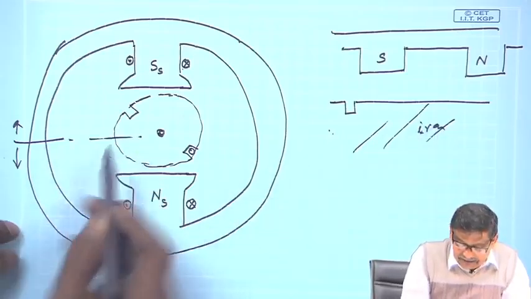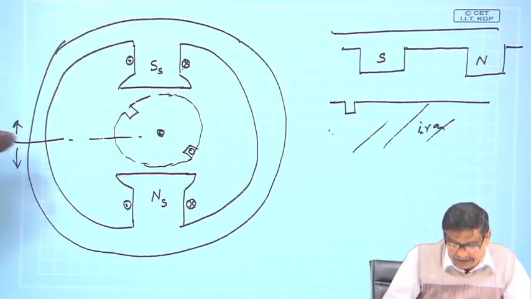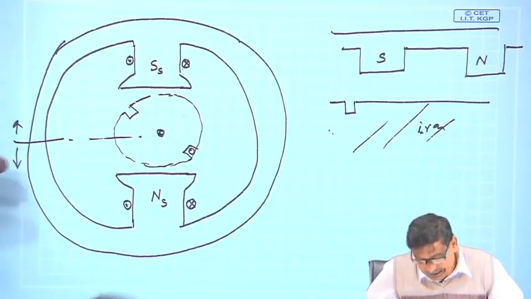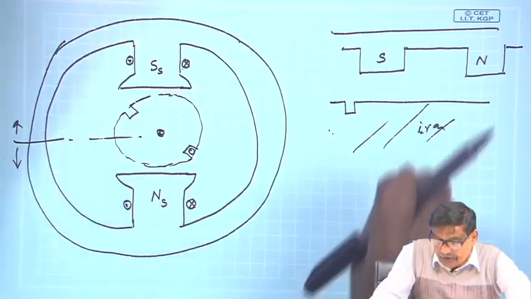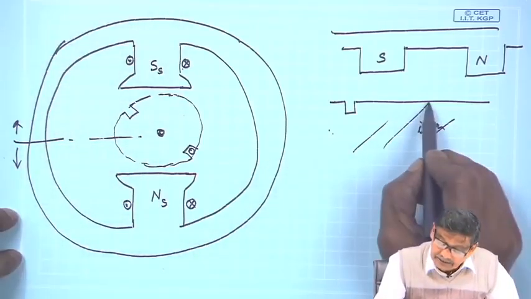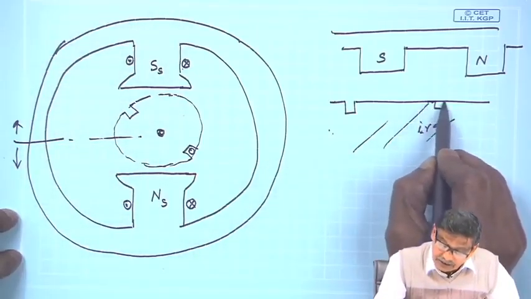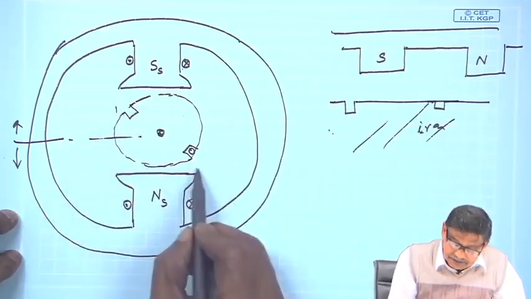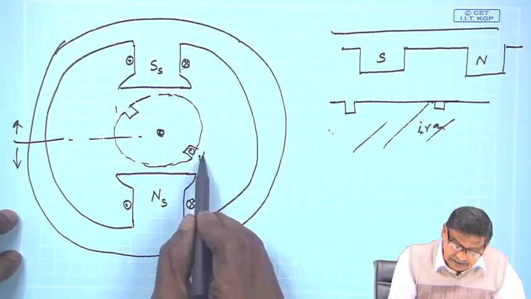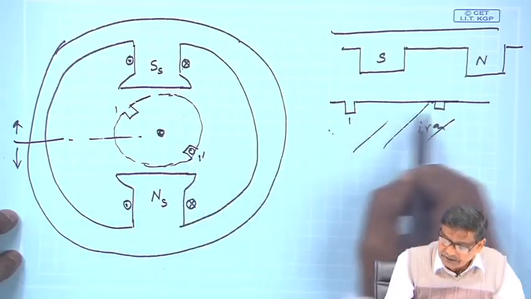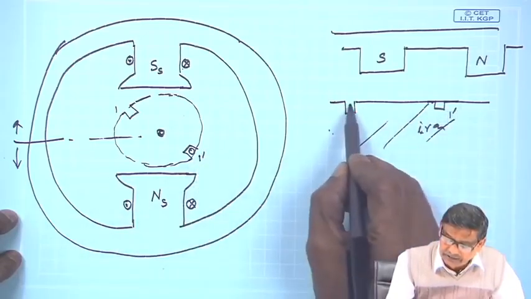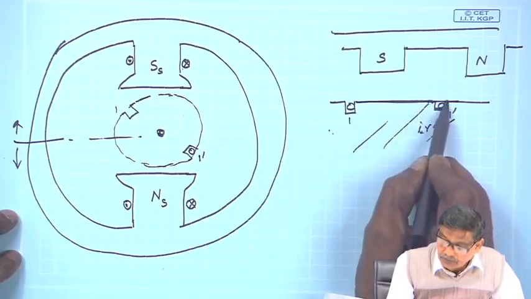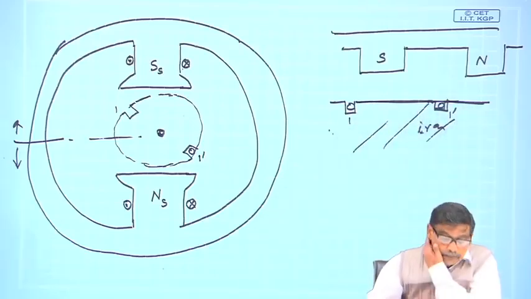You cannot cut iron with a scissor, but think, you have cut it and unfolded it, and it will be like this. And there is another slot here, slot 1 and slot 1 dashed, these two conductors are there, and this is allowed to move.